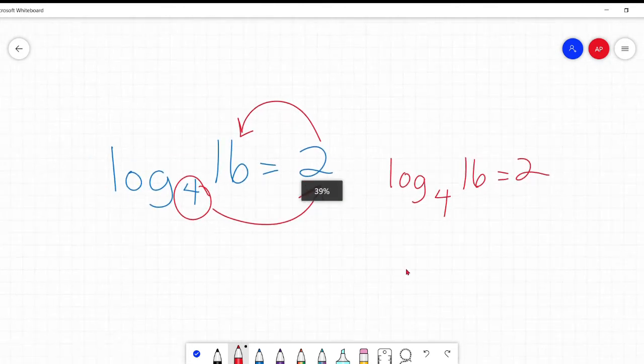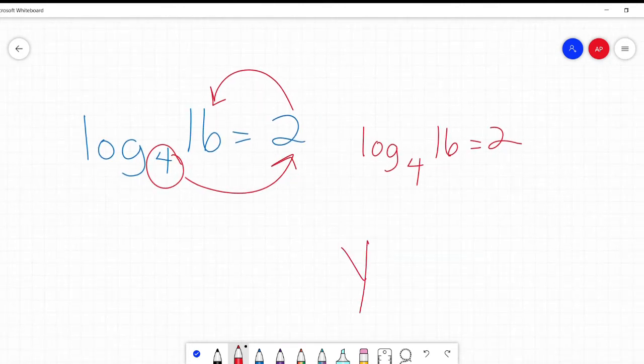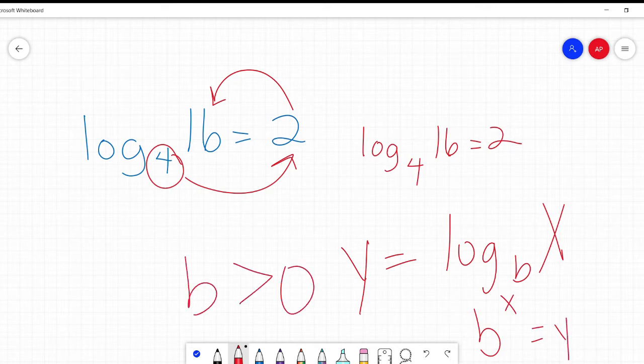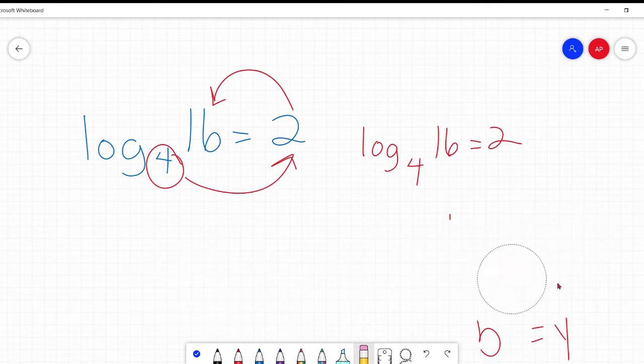If we're using our thing earlier, we were saying y equals log b of x, so then b to the power of y equals x. b is greater than 0. That's how you'll see it written. Has to be positive. Positive, positive, positive. And that is a big divergence from what you're used to with exponents.